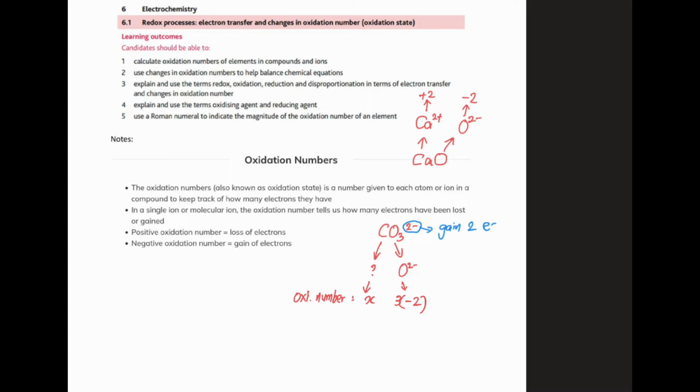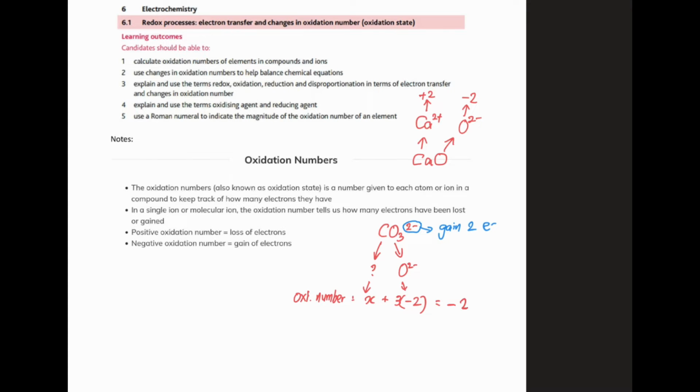One oxide contributes negative 2, 3 oxides, 3 times negative 2. You add up the oxidation numbers, and it must equal the overall charge of the whole molecular ion, which is 2 minus. But we don't write 2 minus, we write minus 2.